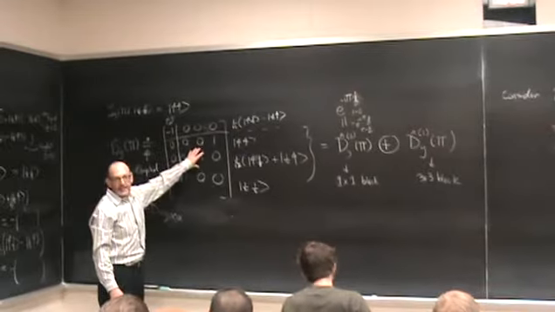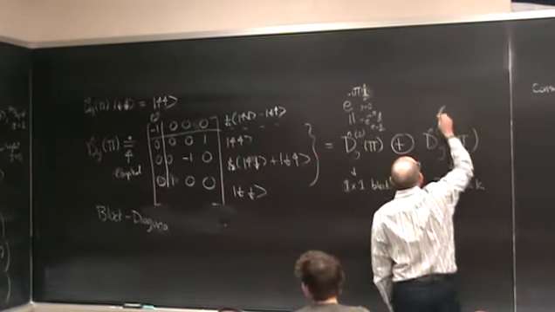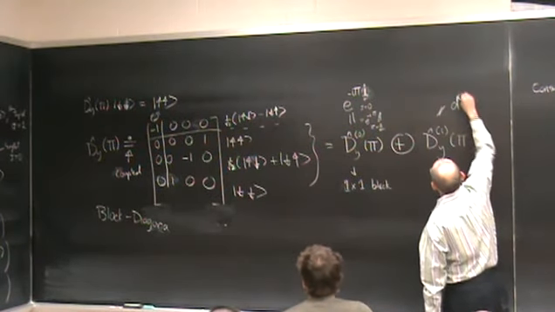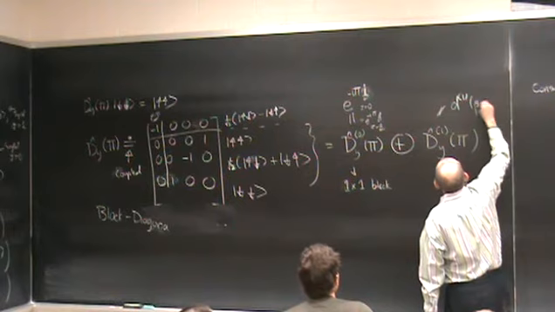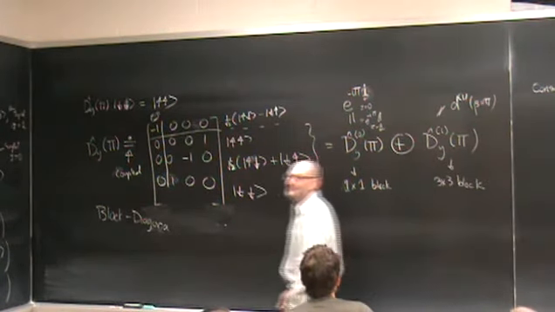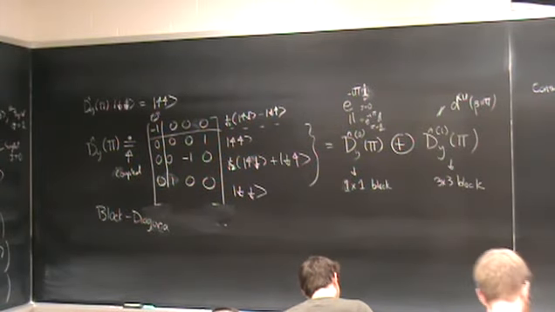What about this guy? Well, this is just the Wigner D matrix for beta equals pi. The Wigner D matrix is a rotation around the y-axis.